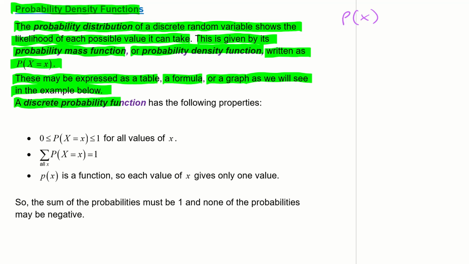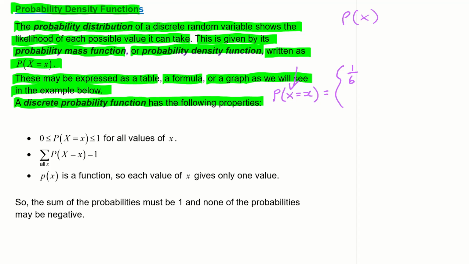A discrete probability function has the following properties. Now, before we go into this, we met one in the introduction. We had a standard fair cubical die, and we said that X, capital X, was the random variable, the number showing on the uppermost face.